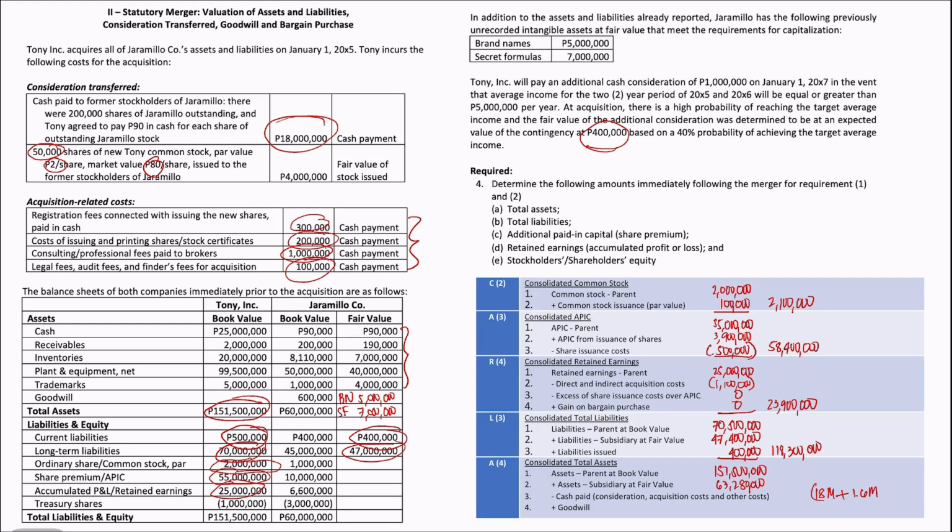Hence, total cash paid is 19,600,000. And goodwill, as previously computed in the first scenario, is 6,520,000. Consolidated total assets is 201,700,000.